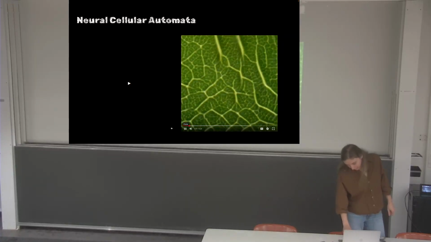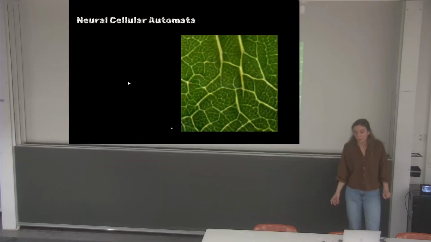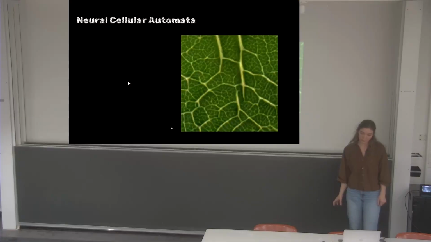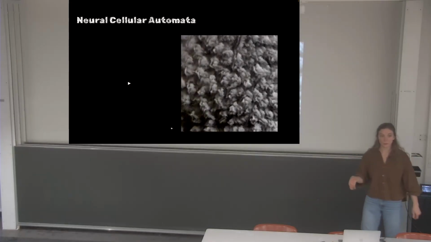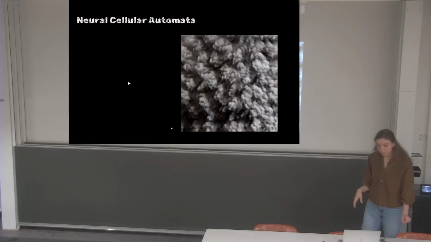Or it's also used to generate all sorts of fascinating, even dynamic patterns. So this one has actually been trained by Ehsan, your TA. So they also look pretty cool.